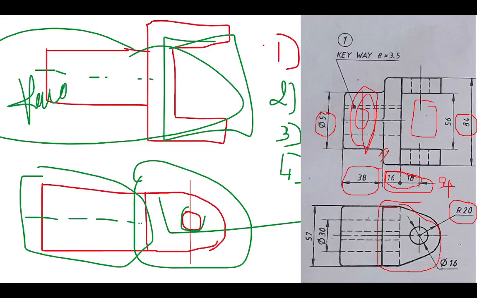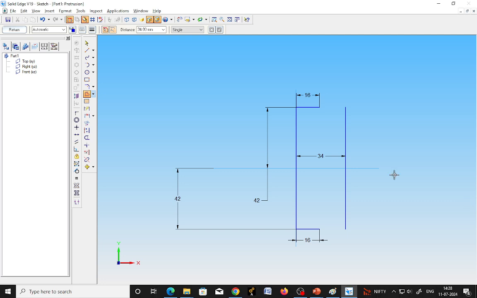Okay. So now what is the radius of this arc? Radius of this arc is how much? It is 20 mm. So now we will take a circle by the center point method. I will go for diameter as 40. Now take a line from this end point, you just draw here.